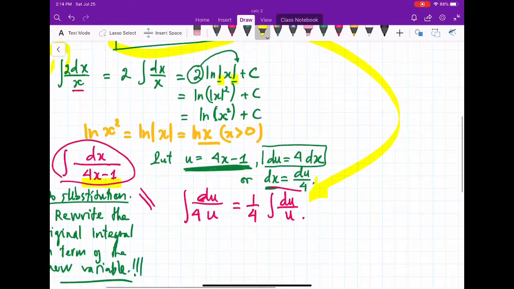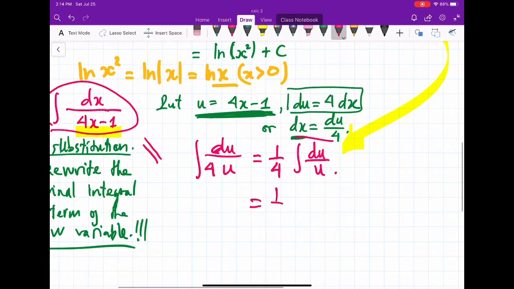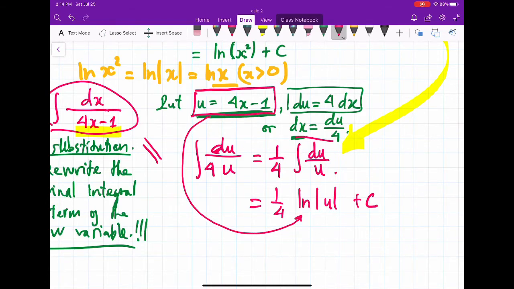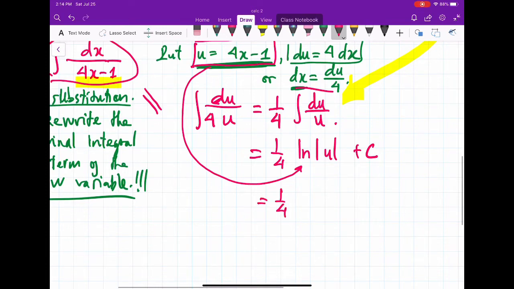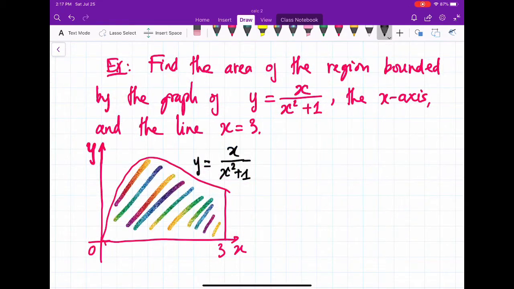And then from here, I will get 1/4 ln of absolute of u plus c. And at this step, I need to plug the substitution back here. So I will get 1/4 ln of absolute of 4x minus 1 plus c. Done. That is the answer.